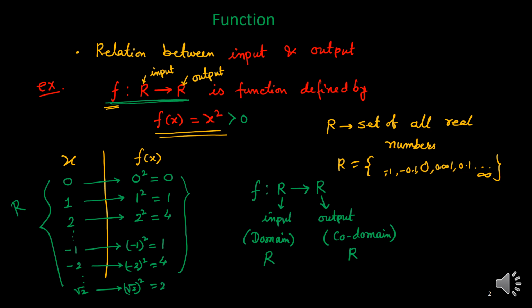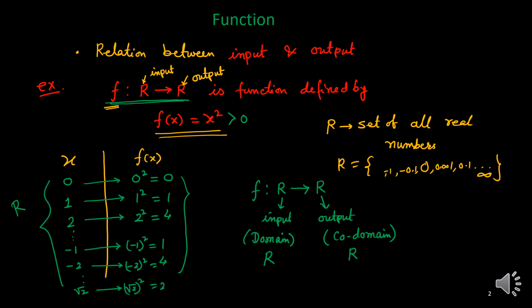It cannot take any negative value. The function value cannot be negative for any real input value. We can't get -1, -2 as a function value for any real number x.